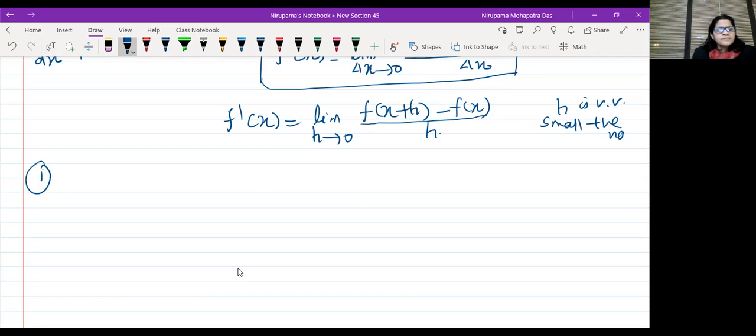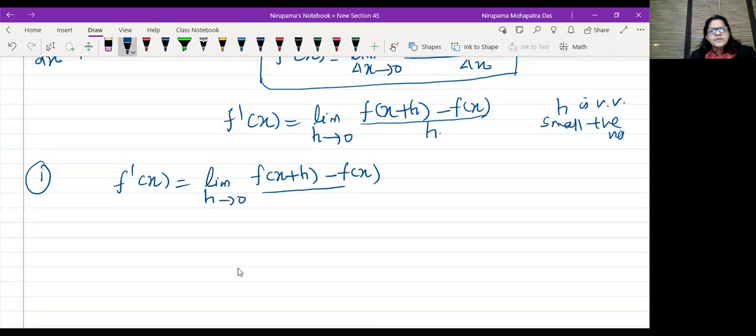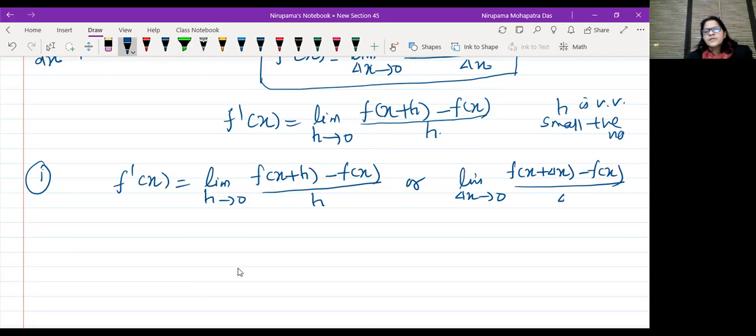One is the derivative from definition, which is f dash x equals limit h approaches 0, f of x plus h minus f x divided by h, or you may write limit delta x approaches 0, f of x plus delta x minus f x divided by delta x. Whichever notation you find convenient, you can use.